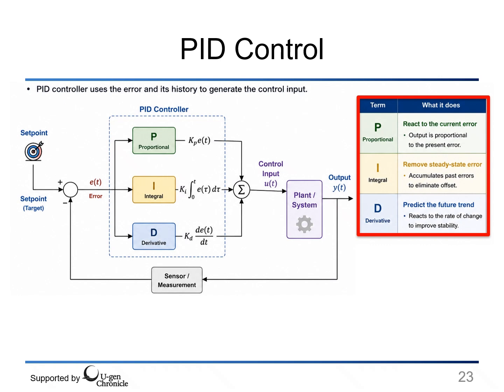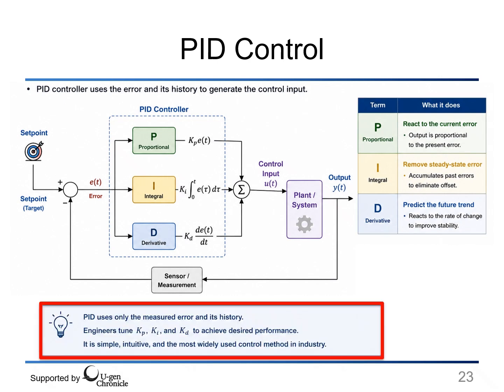The derivative term looks at how quickly the error is changing, helping improve stability and damping. By adjusting these three gains, engineers can achieve surprisingly good performance for many practical systems. PID is simple, intuitive, and still one of the most widely used control methods in the industry today.